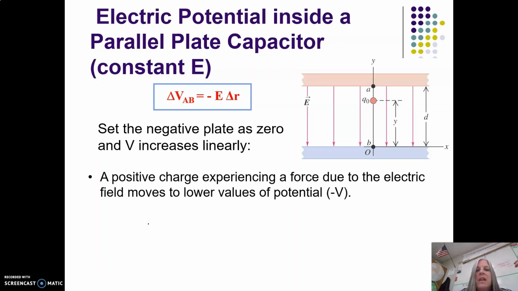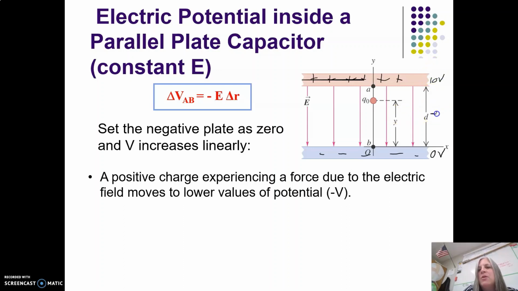Now, if I put a positive charge in here, if this is my negative plate here, and this is my positive plate up here, we'd say that this is my area of low potential, or 0 volts, and this is my area of high potential. I'm just going to make up a number. Let's say this is 10 volts.